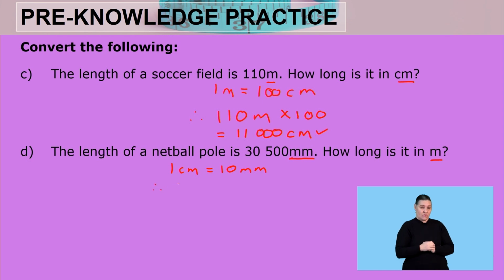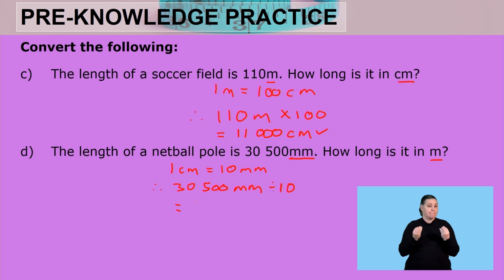Therefore, 30,500 millimeters. Remember, we're going to centimeters, we're going up, we've got to divide. So we divide that by 10. That gives me 3050 centimeters. All right, that's the first part.